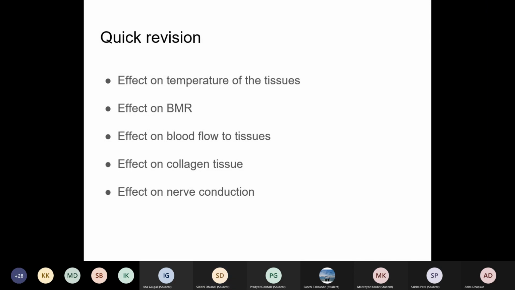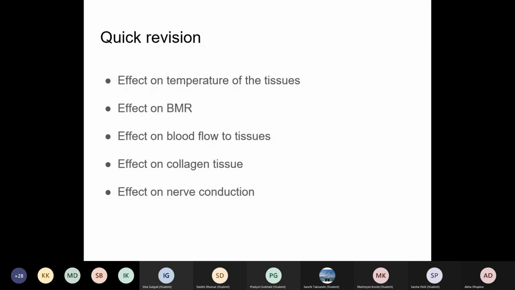Because the impulses are carried faster, what happens to the pain carrying impulses? You have got A beta, A delta, C fibers. So A beta fibers are going to improve in their conduction much more, because they are thickly myelinated fibers as compared to A delta and C.